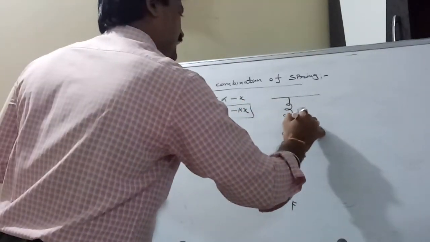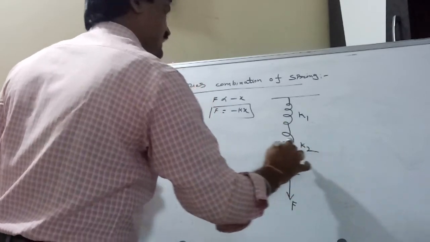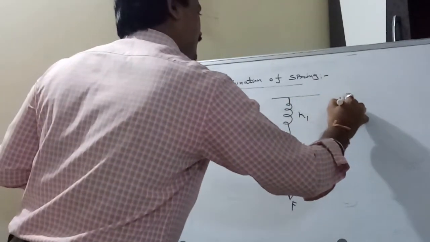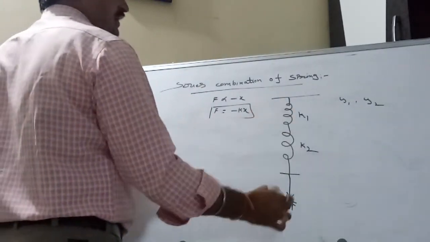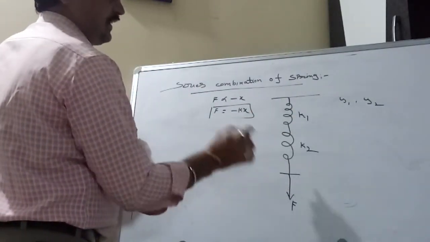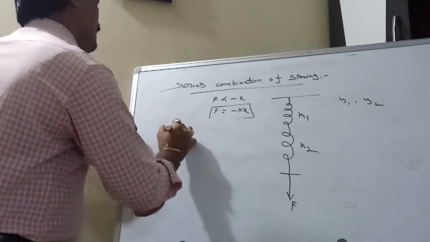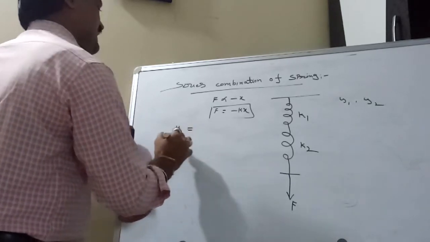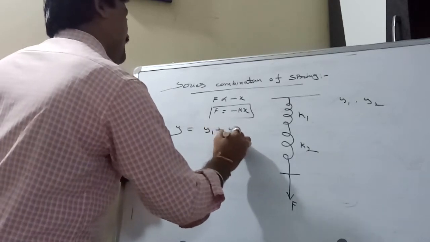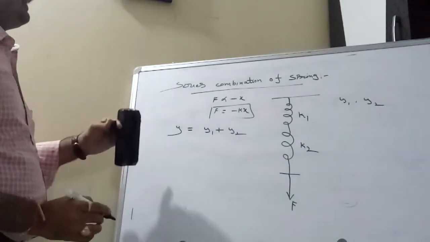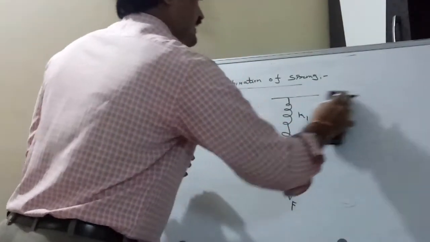Here K1, K2 are the spring constants, and their extensions are Y1, Y2. A single force is applied, so the resultant extension Y is equal to Y1 plus Y2.